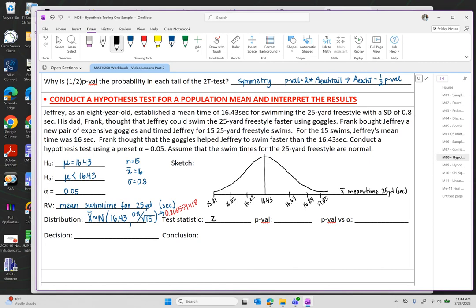So I need to find the value of z equal to 16 minus the mean divided by the standard deviation of 0.8 divided by the square root of 15. So I need to find this value for the test statistic. And it comes out to be negative because the sample mean of 16 is less than the theoretical mean of 16.43. So negative 2.0817.